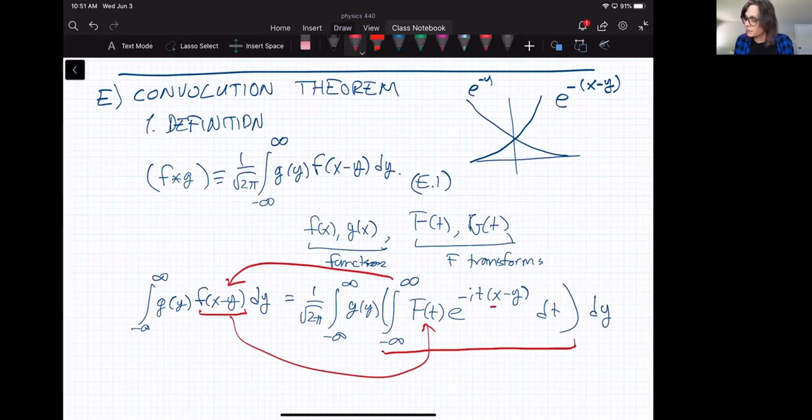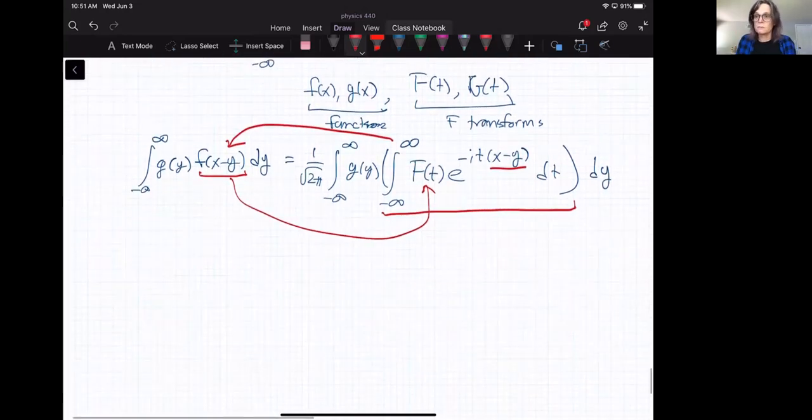That's why there's an x minus y up here, and that's why we've got this integral. And then we still have this g of y. So all we've done is define our function f in terms of its inverse transform. We're going to transform it, but then inverse transform it so that everything's the same. Everybody cool with that? It's kind of like taking the square root and then squaring it.